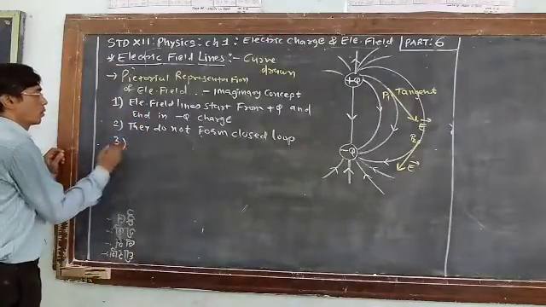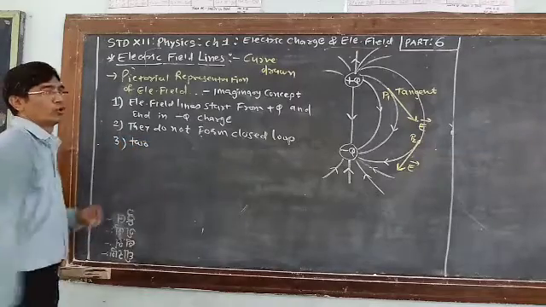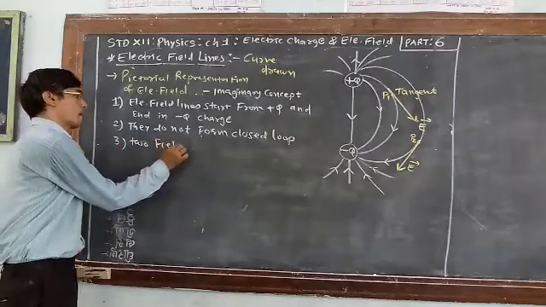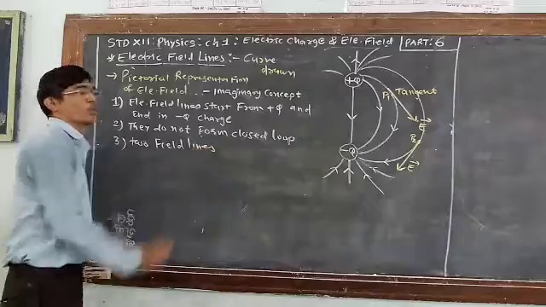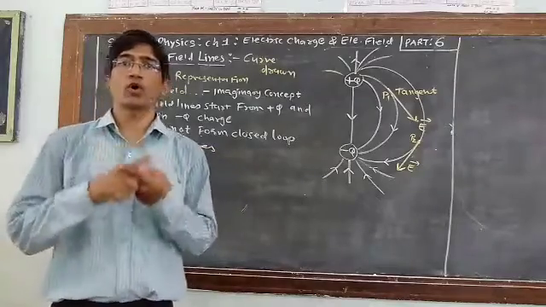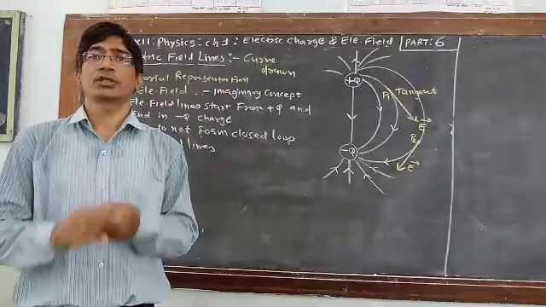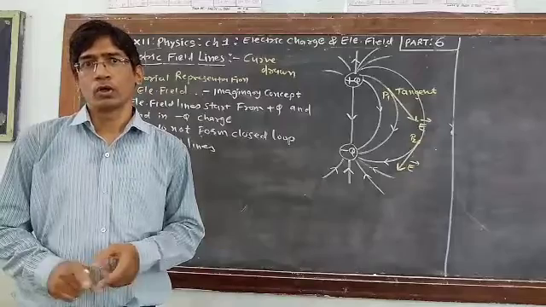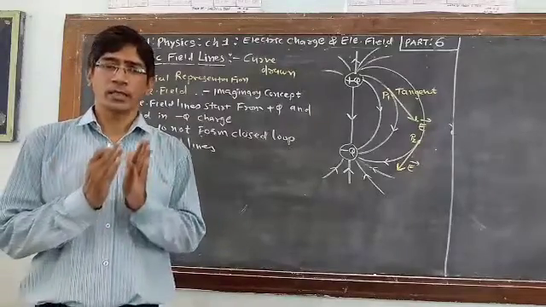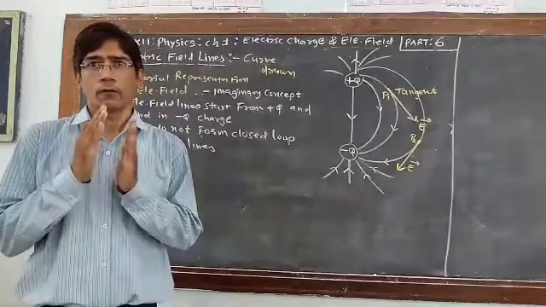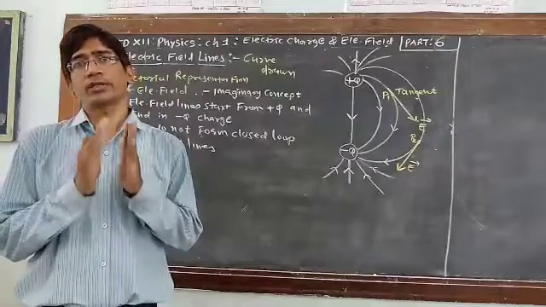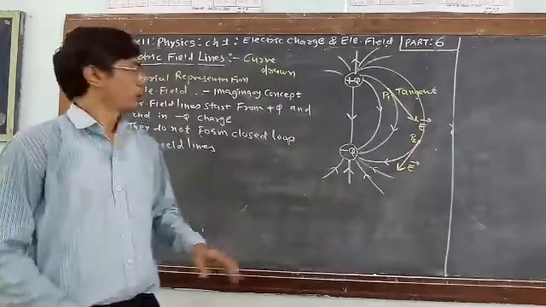Third point, two field lines never cross or intersect each other. If you are taking any two field lines, they do not cross each other. They are just parallel to each other.